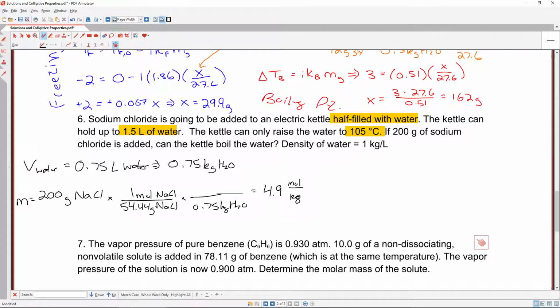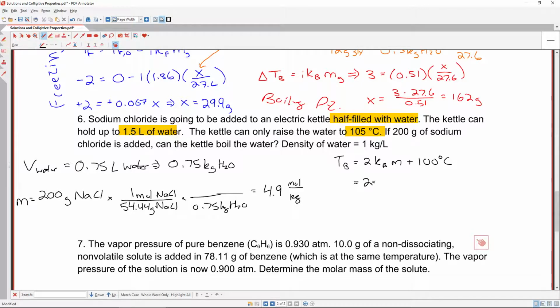So now we just need to calculate the new boiling point of the water. Right, so TB is equal to, sodium chloride is an electrolyte, splits into 2 things, so 2 times KB times m plus 100 degrees Celsius, our normal boiling point of water. KB is the same KB that we've been using for water, right?